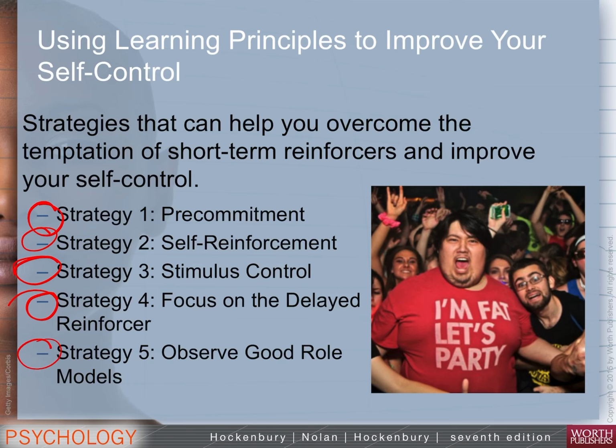Strategy number five is observe good role models. And this is simple. Find somebody that you look up to. Maybe it's somebody who's already graduated. Maybe it's somebody who's a year ahead of you. They have a really good GPA, or you look up to them because they know what they want to do in their life.